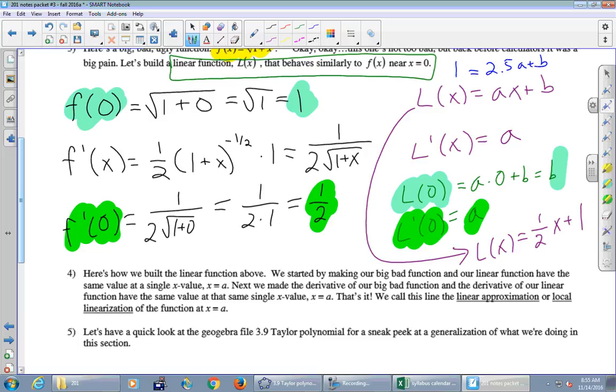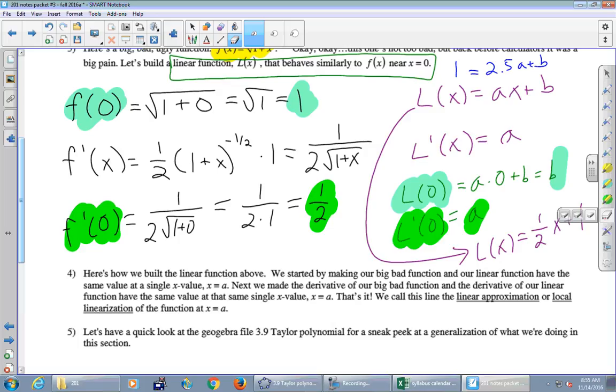Okay, so it's not as easy to solve that equation, but if we had another equation, like the two of them in concert, we could solve. If we plug in 2.5 for x for the derivative, what do we get? L prime of 2.5. It's just a. L prime is always a in this example.